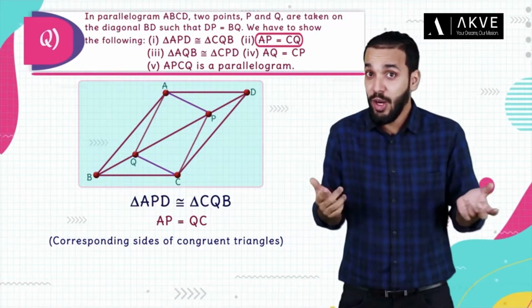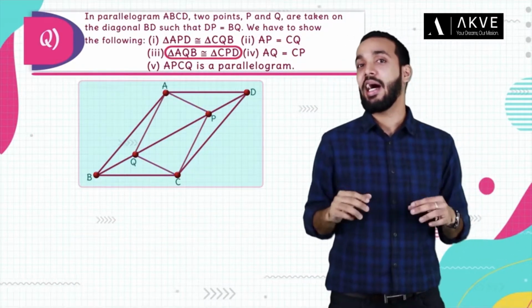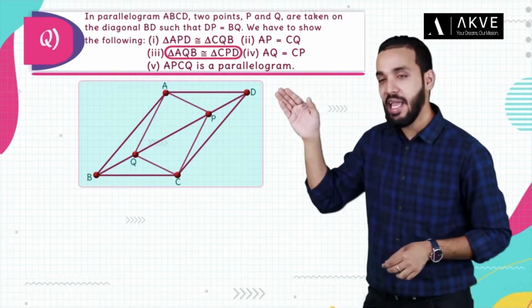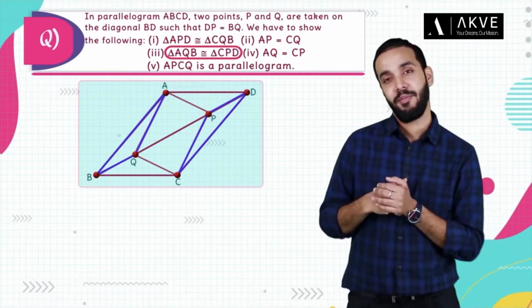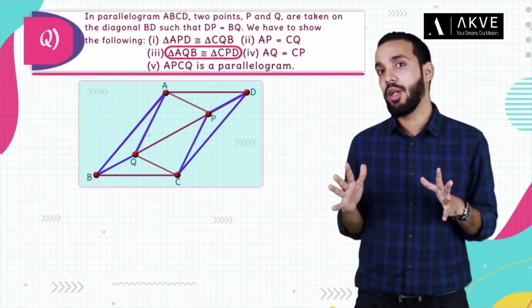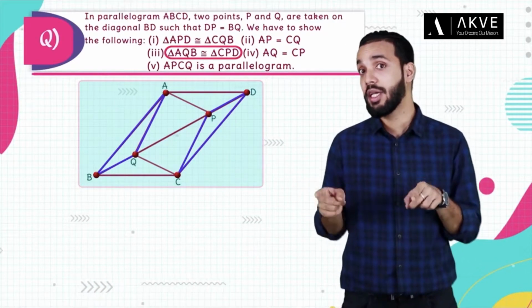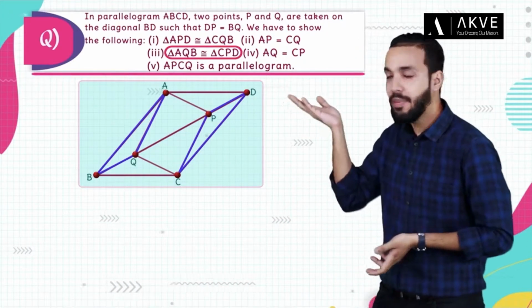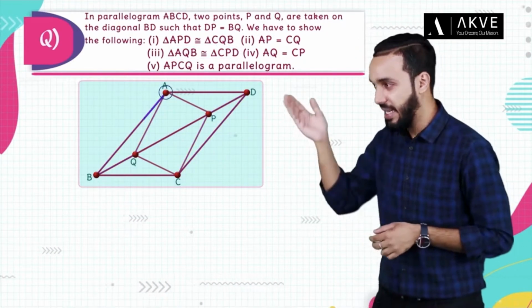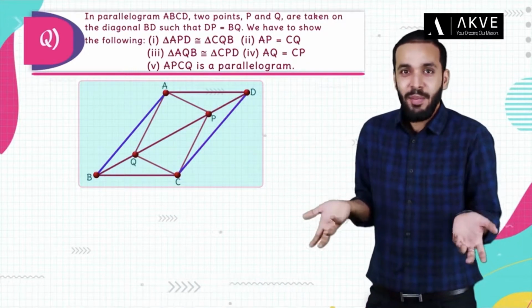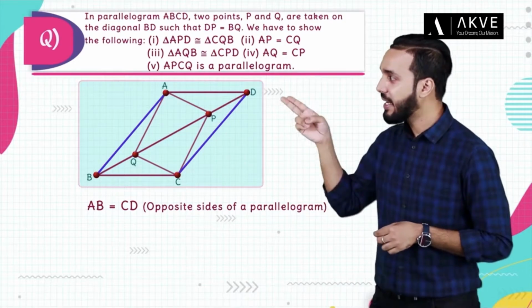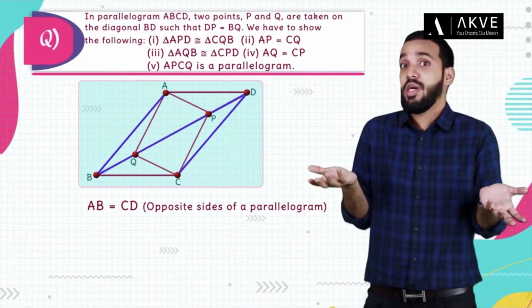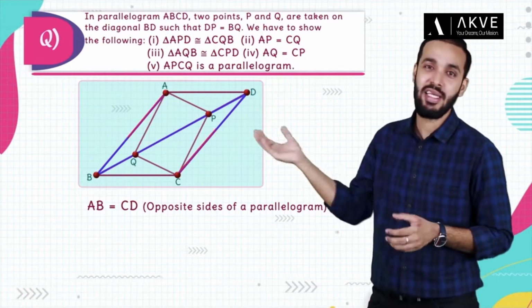Now, moving on to the third requirement, it asks us to show that triangles AQB and CPD are congruent. Now, if you think about it, the exact same logic as the first requirement can be applied here. We know that AB and CD are equal because they are just opposite sides of a parallelogram, and diagonal BD acts as a transversal between parallel lines AB and CD.